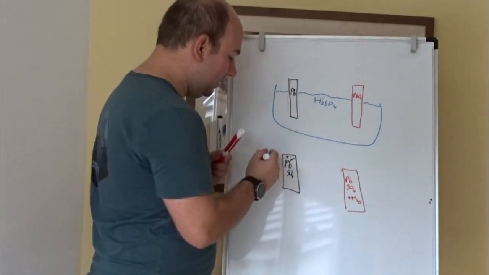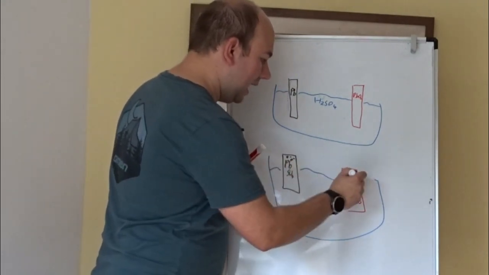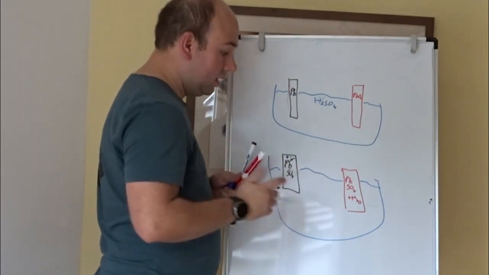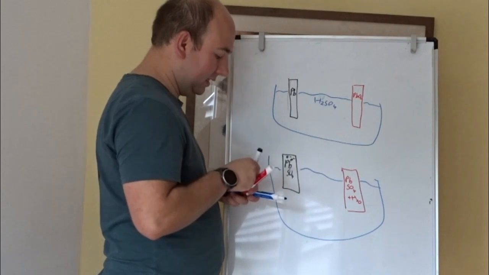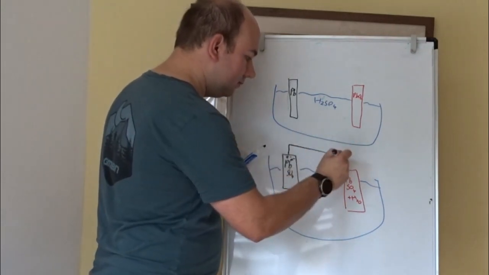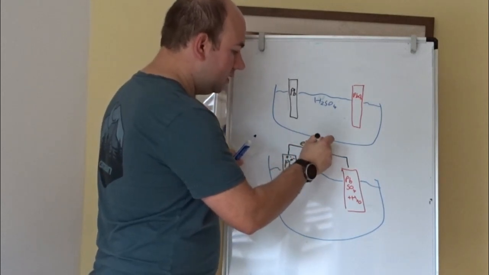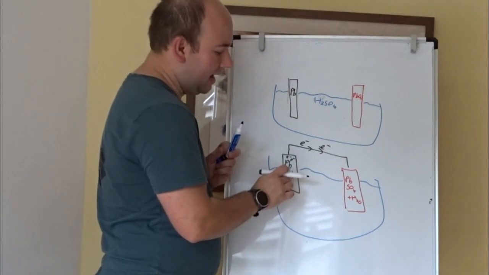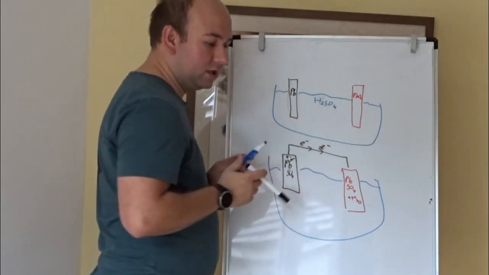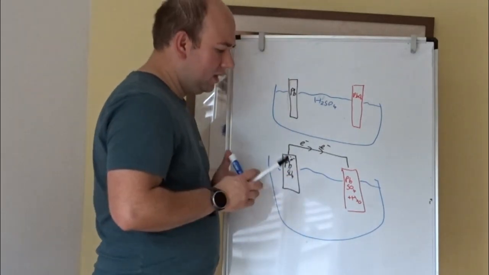So this means that in this scenario we now have some excess electrons on this electrode and a lack of electrons on this side, which means that when we connect them up, the electrons will flow from the original lead electrode to the original lead oxide electrode. So that's how the batteries in your car used to work.